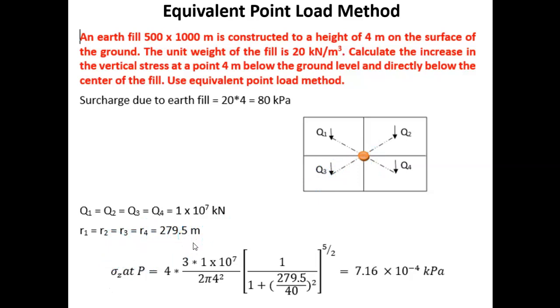So now if we substitute these values in the point load equation, 3q by 2 pi z square into 1 by (1 plus (r by z) square) to the power 5 by 2, where q is 1 into 10 to the power of 7, z value is 4 meter and r value is 279.5 meter, we'll be getting the vertical stress due to one point load. Since all the point loads are the same, we can multiply with 4 to get the total increase in vertical stress.